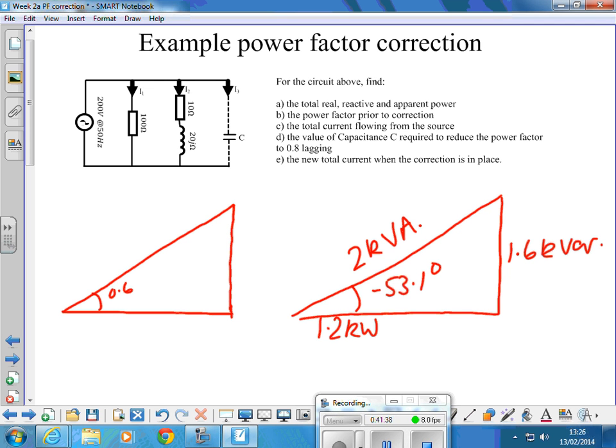We want to reduce that in there so that is 0.8 because of that angle's 0.8. So we've got to introduce some XC in there like that. Effectively, that's pulling this line down that way.